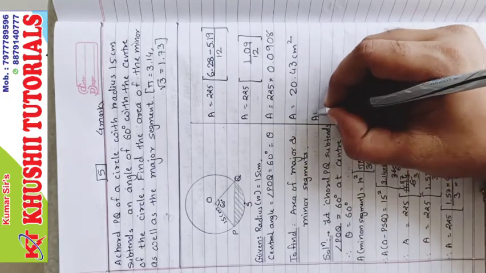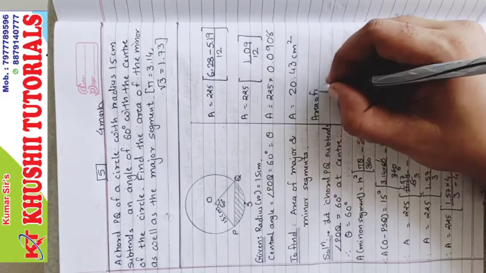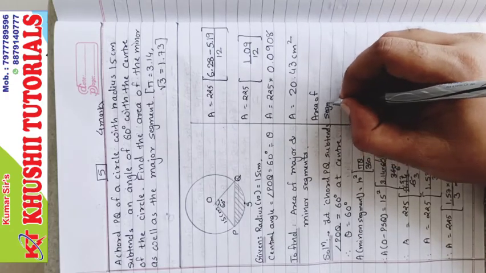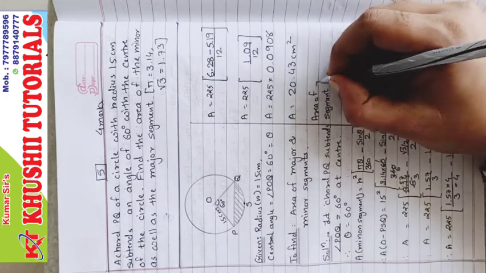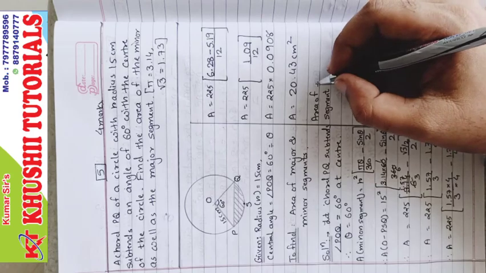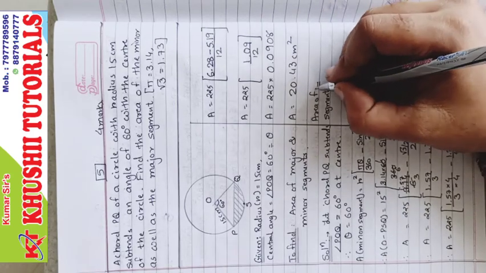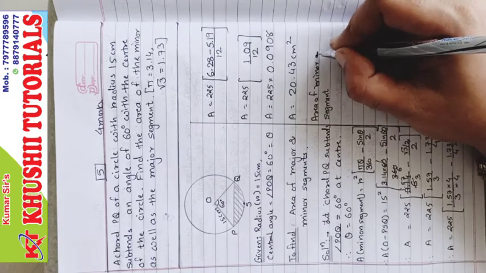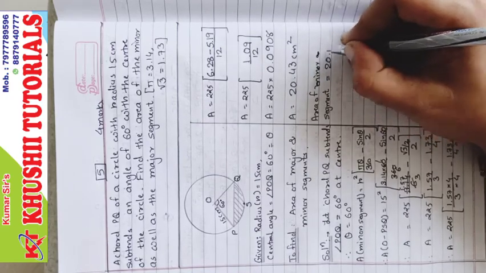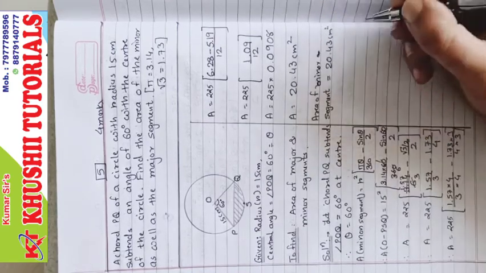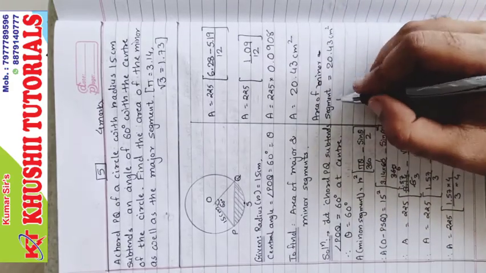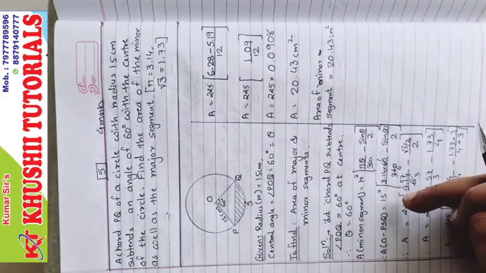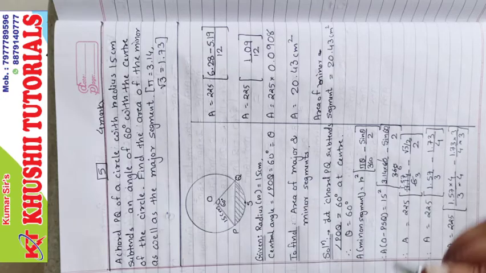Now area of segment, we got area of minor segment equal to 20.43 centimeter square. Now we need to find area of circle, because area of circle minus area of minor segment is equal to area of major segment.